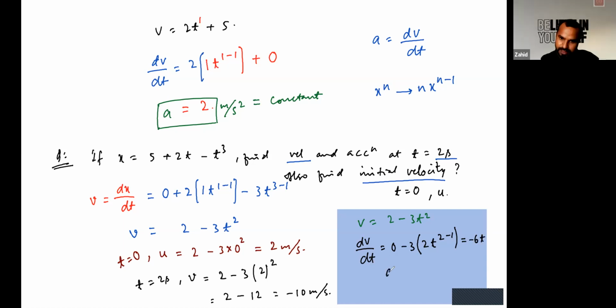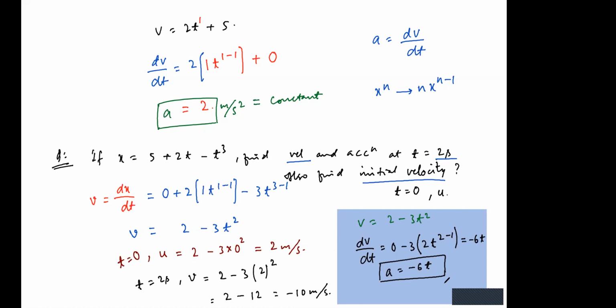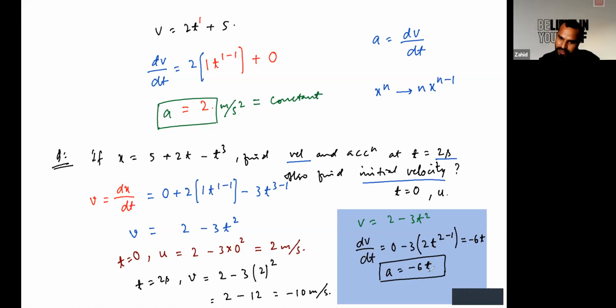So from this, acceleration is nothing but minus 6t. Whether this acceleration is constant or a time dependent function? Hamza, time dependent. Good. So just put the value of t to be 2 seconds in this expression and then acceleration is calculated.